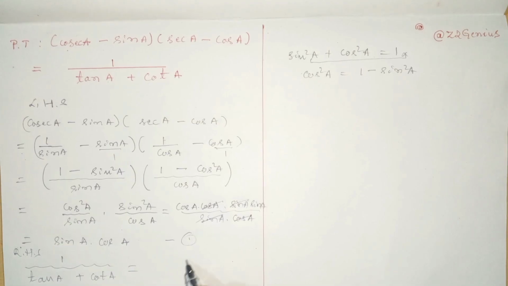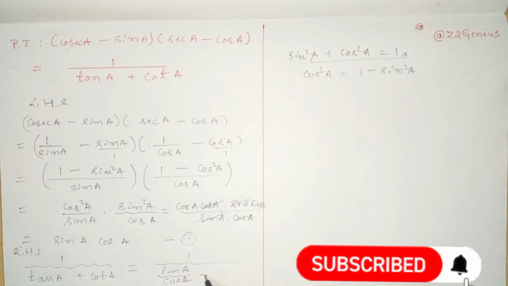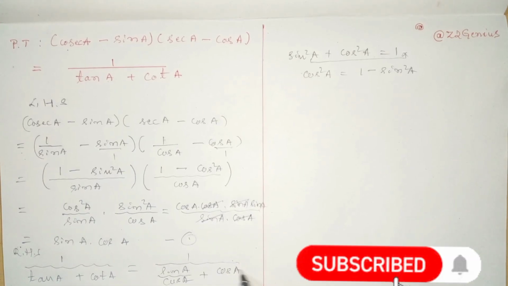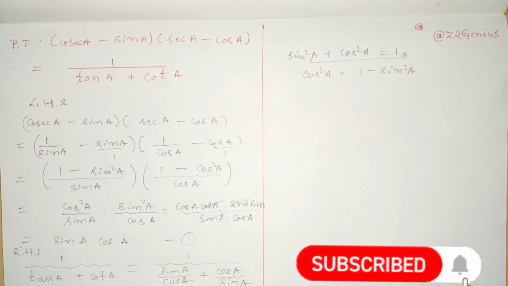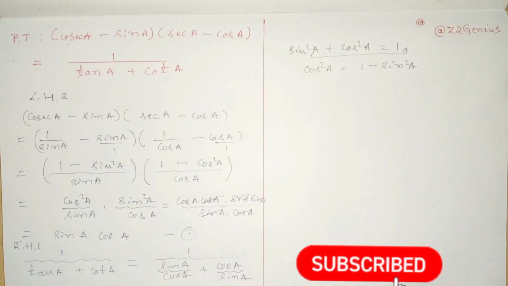It is equivalent to 1 divided by, tan A expressed as sin A by cos A, plus cot A, taken as cos A by sin A. Very simple. Tan A can be expressed as sin A by cos A, and cot A as cos A by sin A.